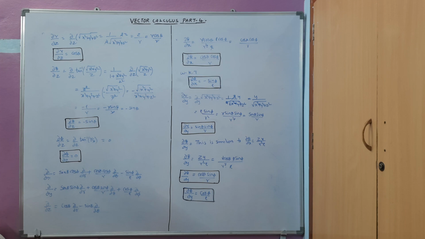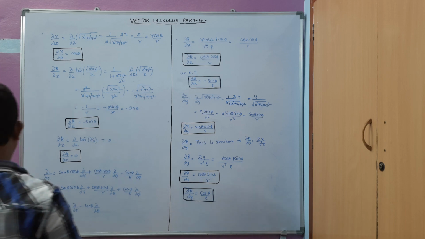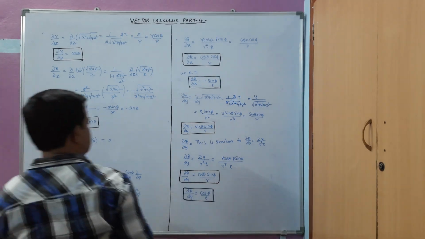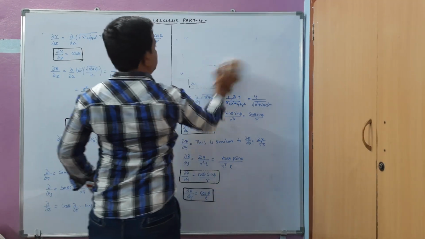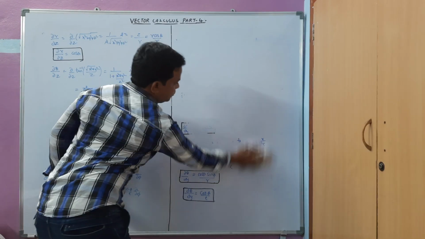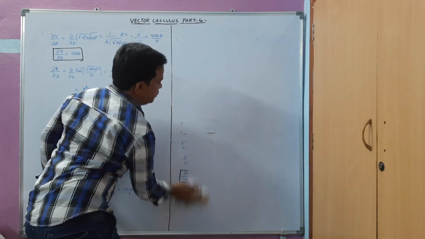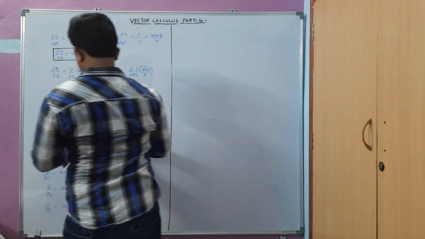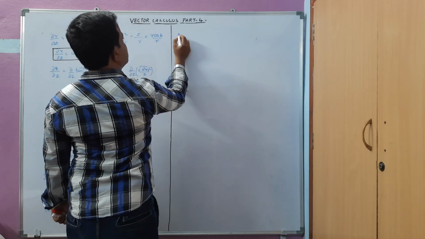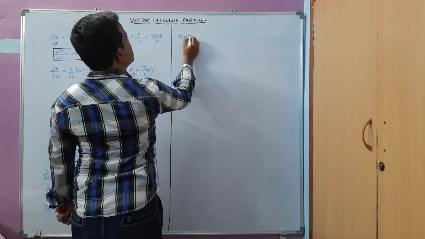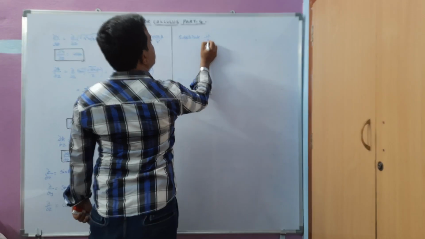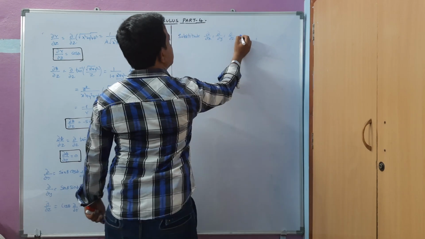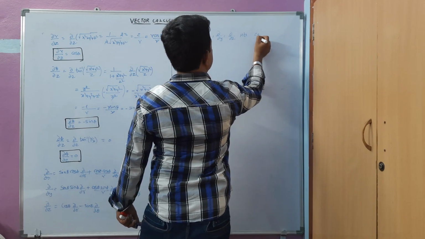So we have got all the terms with respect to dou by dou x, dou by dou y and dou by dou z. Now we have to substitute these equations into equation 1.